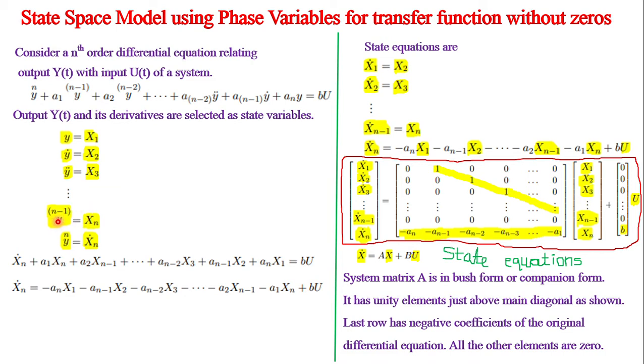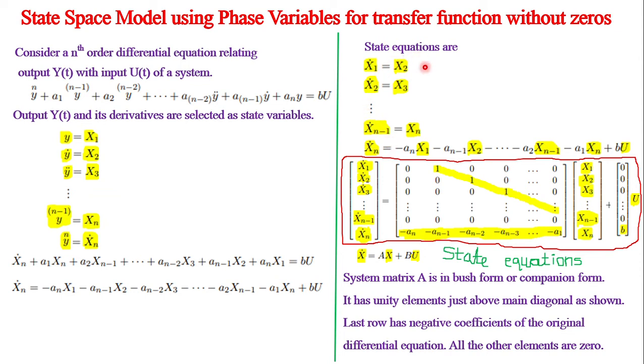That is, xn minus 1 dot will be the previous one corresponding to yn minus 2. When you differentiate, you will get yn minus 1, yn minus 2 on differentiation. Therefore, xn minus 1 dot on differentiation is xn. That's all. So there are n state equations.